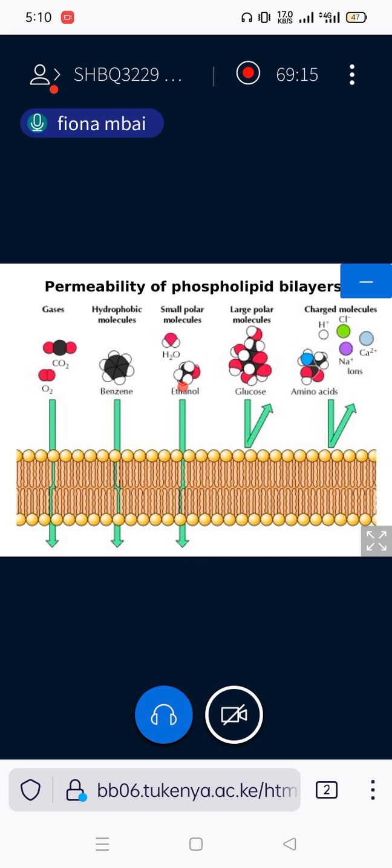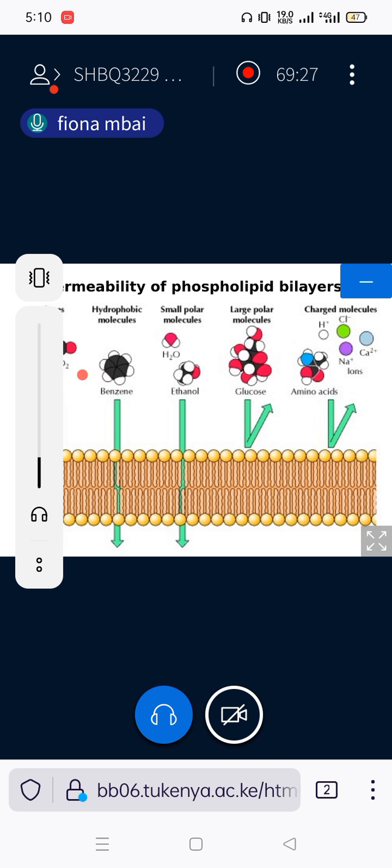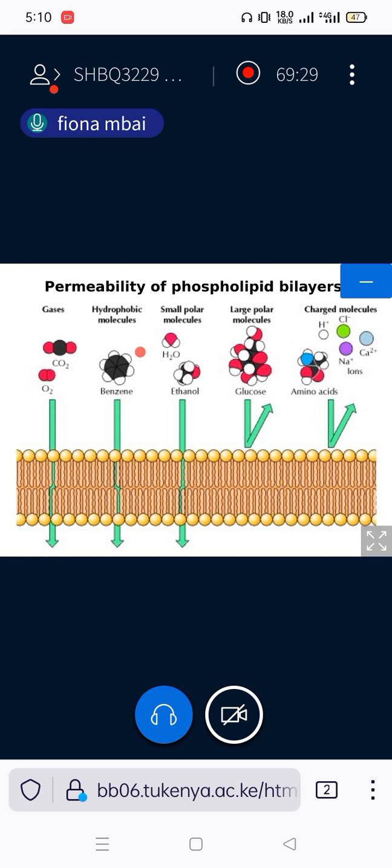There we go. So the permeability of phospholipid bilayers: things like benzene pass through, but it's very dangerous. Molecules such as water and ethanol pass through. That's why people who think of using illicit drinks wherever they are, the ethanol just passes right through. Bad idea.